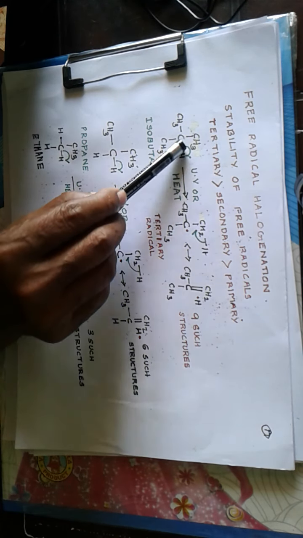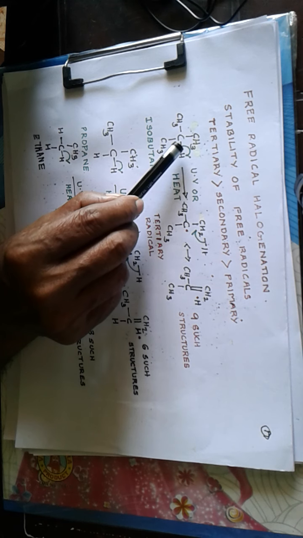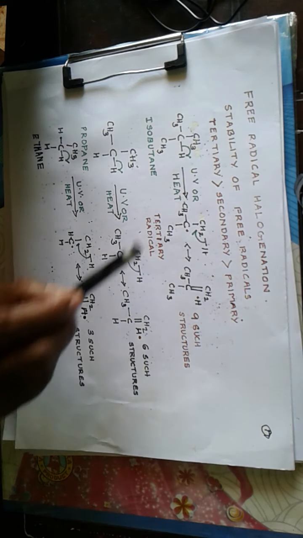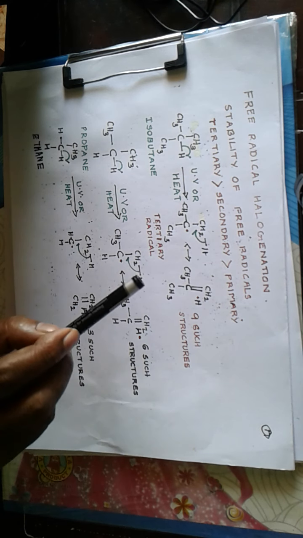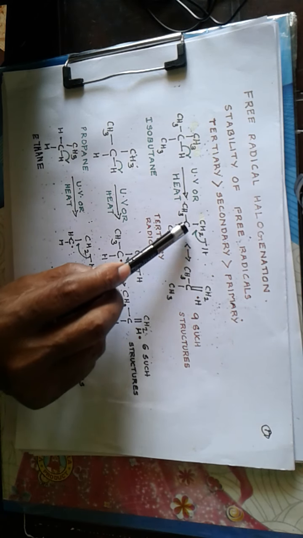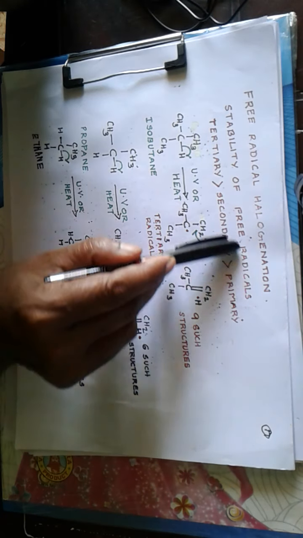We say it is a half-headed arrow, means the electron pair between C and H is equally shared between C and H, equally withdrawn by C and H, so that H gets one electron and C gets one electron.